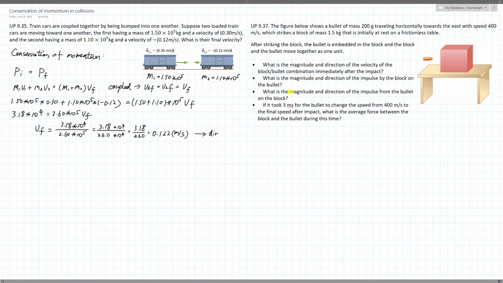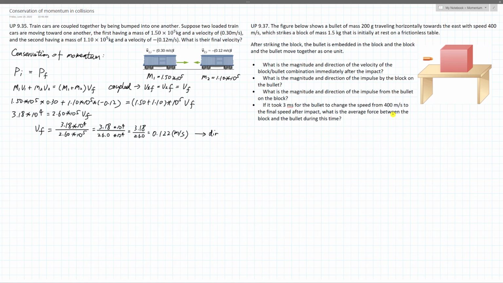I think we know how to do impulse. What is the magnitude and direction of the impulse from the bullet on the block? Okay. And then if it took 3 milliseconds for the bullet to change its speed from 400 to the final speed after impact, what is the average force between the block and the bullet during this time? Okay, so it's a combination between collision and some momentum and impact impulse calculations.